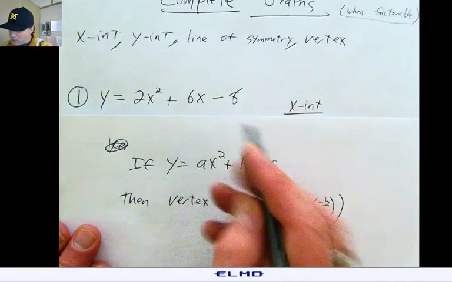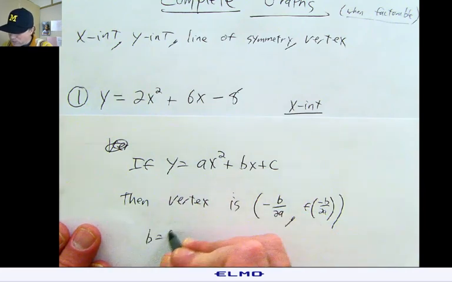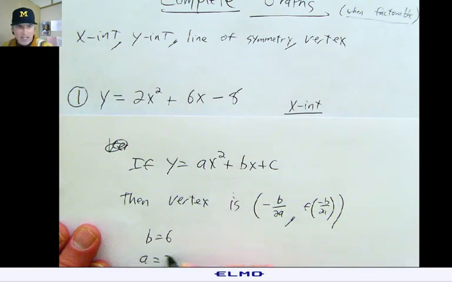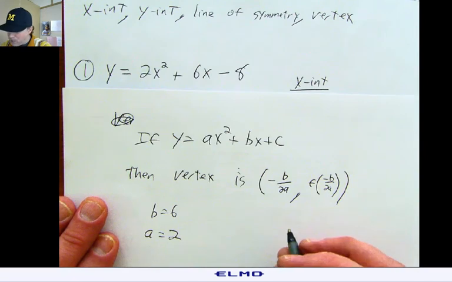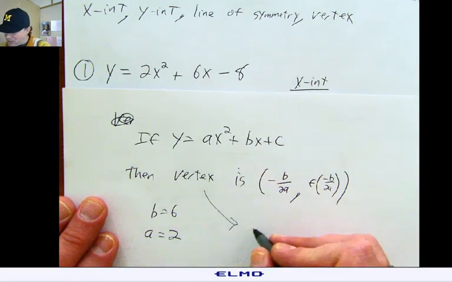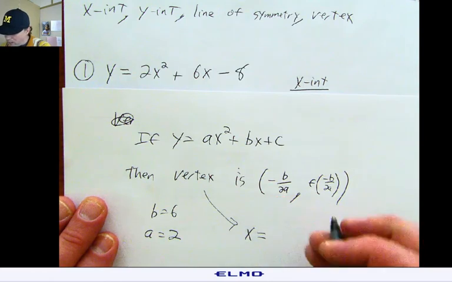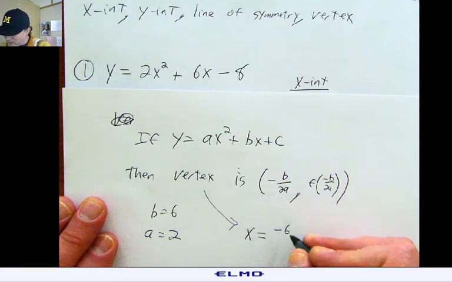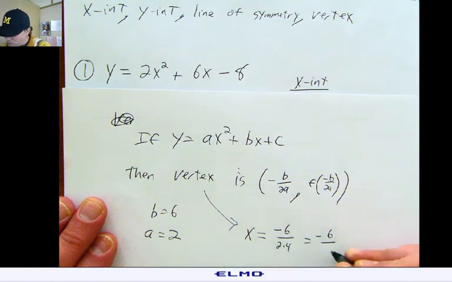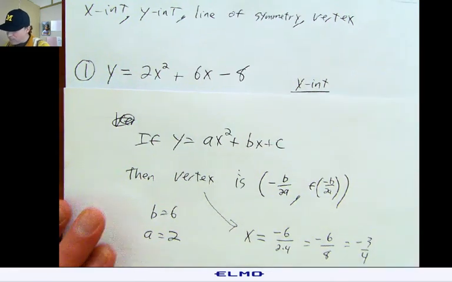So in this particular case, b is equal to 6, a is equal to 2. So this vertex would have an x-coordinate of -b over 2a. So -6 over 2 times 2. So -6 over 8, which is -3 over 4.